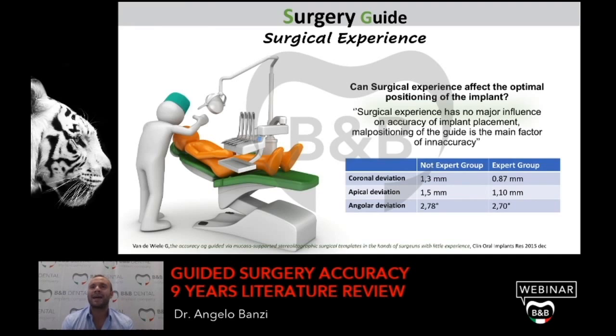And what we find out, from the table, is that the expert group did better than the non-expert group. I mean, the implants placed by the expert group have a lower global deviation and angular deviation. But if you look at the angular deviation of the non-expert group, you can see that the difference is not so high: 2.78 for the non-expert group and 2.7 for the expert group.